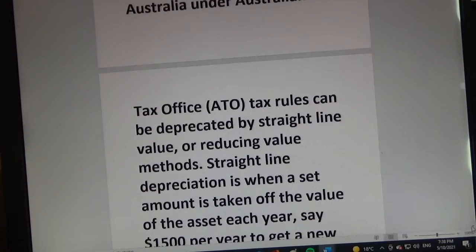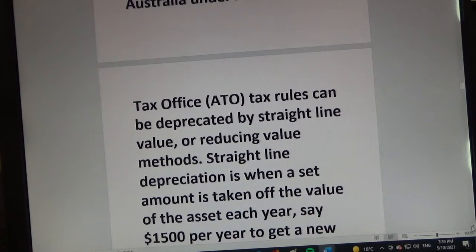Depreciation in Australia, the ATO rules are that you can choose either straight line or reducing value methods. Now, if you choose one method with one asset over its lifespan, you can't change. But if you get a new asset, like a new car later, you can elect reducing value.